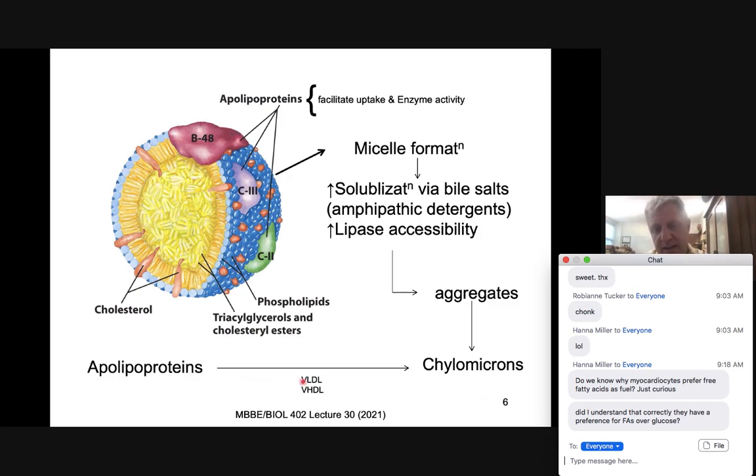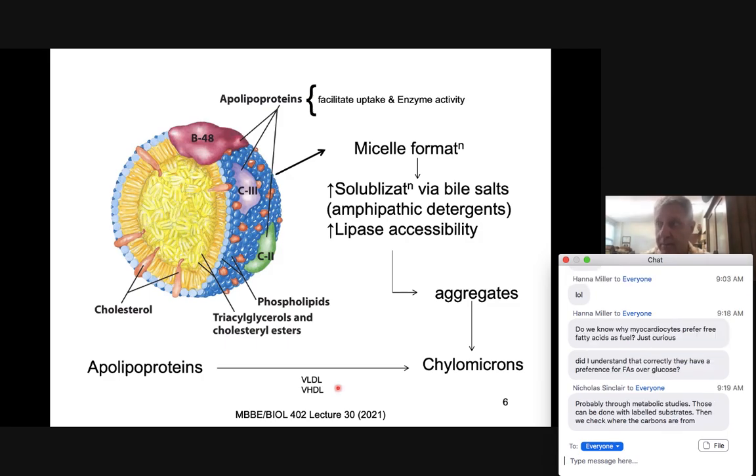And this is where we see these very low density lipids and very high density lipids in regards to the cholesterol lipid concentrations that, when you do a metabolic profile in a hospital, you see whether you have very high or very low density lipids.